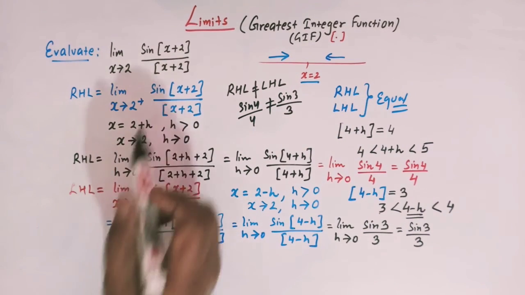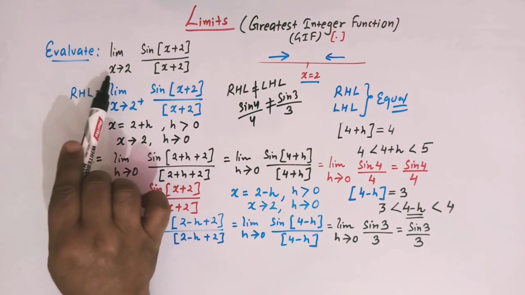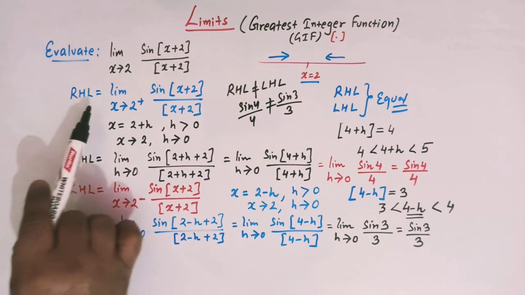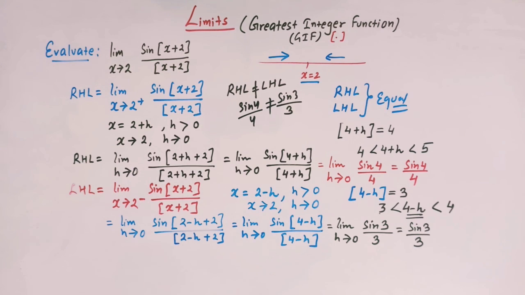So the limit of this function when x approaches 2 does not exist, because the right hand limit is not equal to the left hand limit. So this is how we solve this problem based on limits.